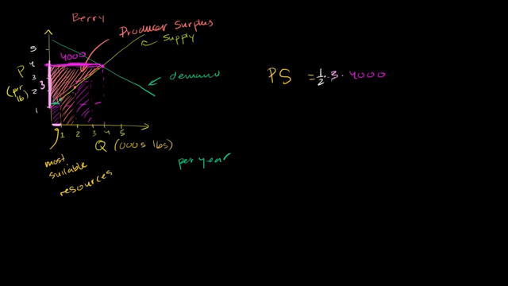This gives us 1/2 times 4,000 is 2,000, times 3 is 6,000. And you can look at the units: it's $3 per pound times thousands of pounds per week. So we end up with $6,000 of producer surplus per week.